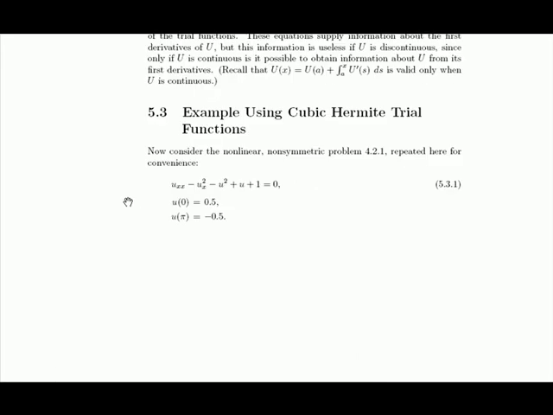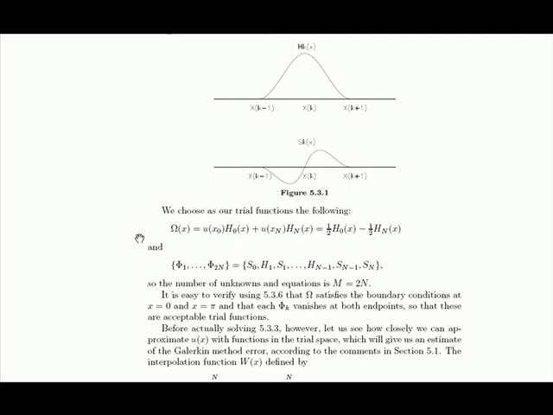Okay, now we're going to use the Galerkin method with these trial functions to solve this one-dimensional problem. This is a nonlinear problem that we looked at back in chapter 4. The essential boundary now consists of 2 points, 0 and pi, and there is no natural boundary. So as always, we're going to approximate our solution by omega of x plus a linear combination of the phis.